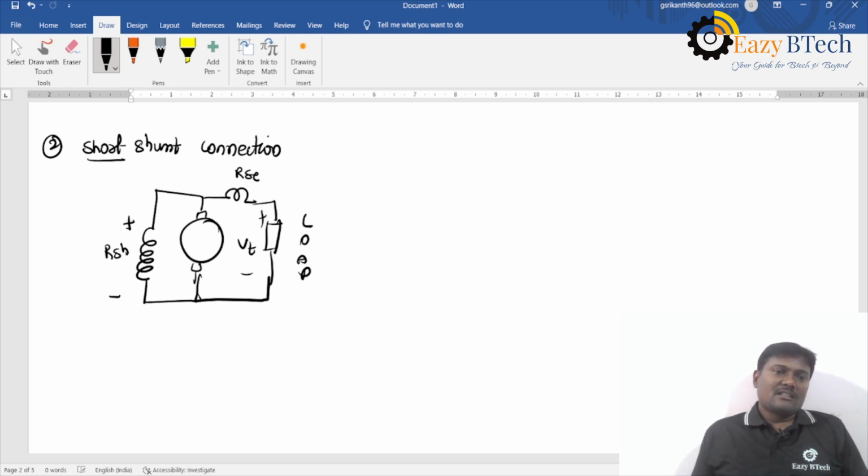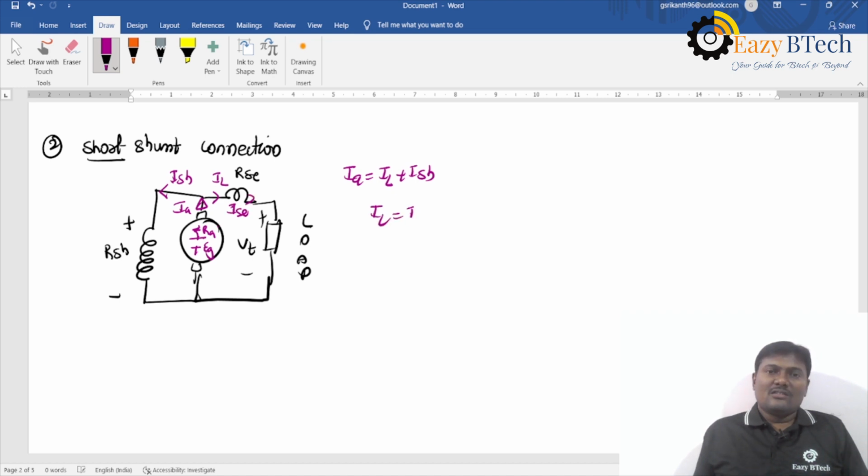So this is plus and minus. Always the current is delivered from the armature in a generator. So IA is equal to IL plus ISH.